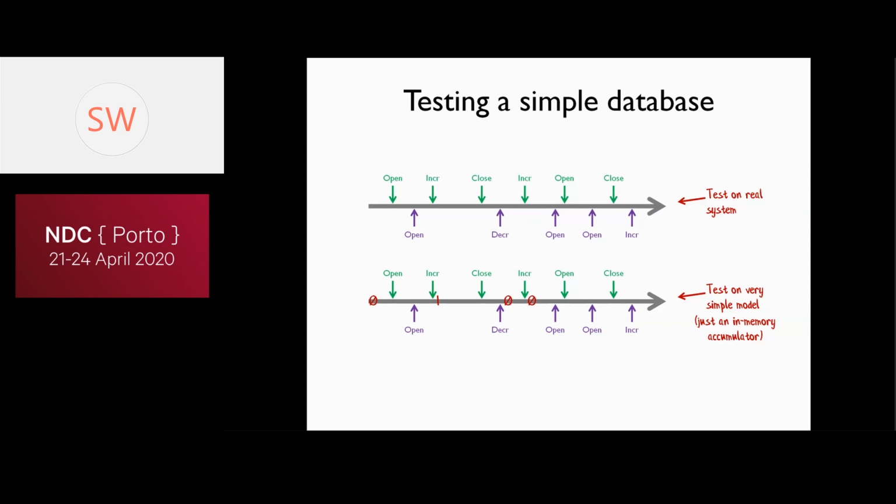Now A tries to increment it, but A has closed their database connection, so nothing happens. So our model takes into account whether the connection is open or closed, and then finally B tries to open it, tries to increment it again, and everything works. So in our model, after running this, we should expect that the answer is 1. And if we run it on our real system, we should also get the answer 1. And if we don't get the answer 1, then our real world database has a concurrency bug in it. So that's a quick way of testing real world systems.